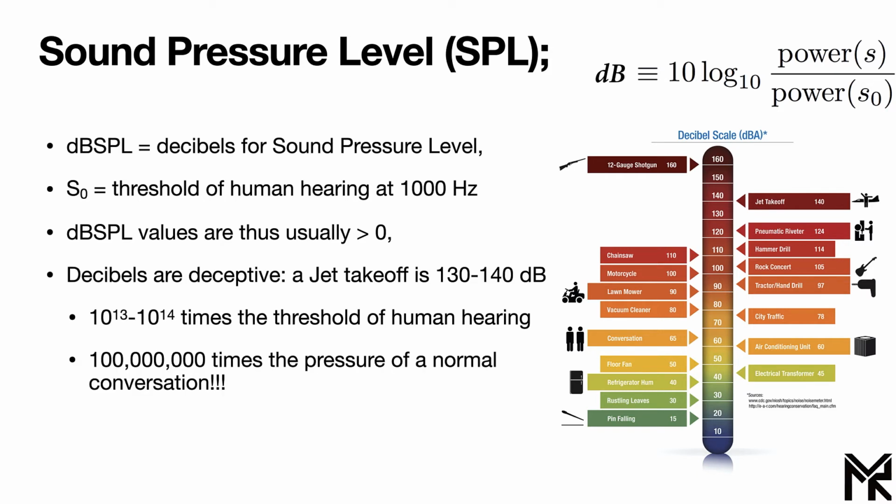So you see these charts of, okay, a pin falling is 15 dBSPL, a normal conversation is 65 dBSPL, a jet takeoff is 140 dBSPL. But when it comes to the actual air pressure, it may seem a little bit deceptive.